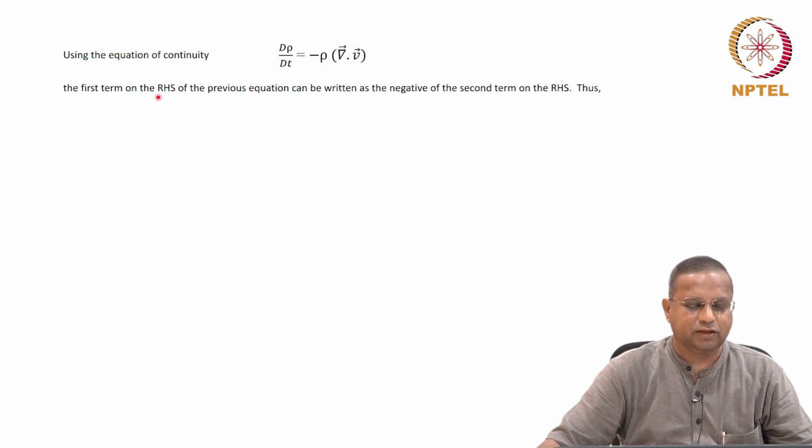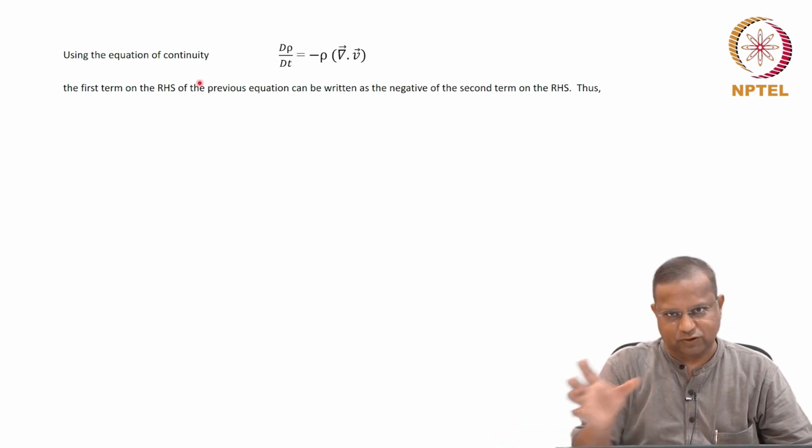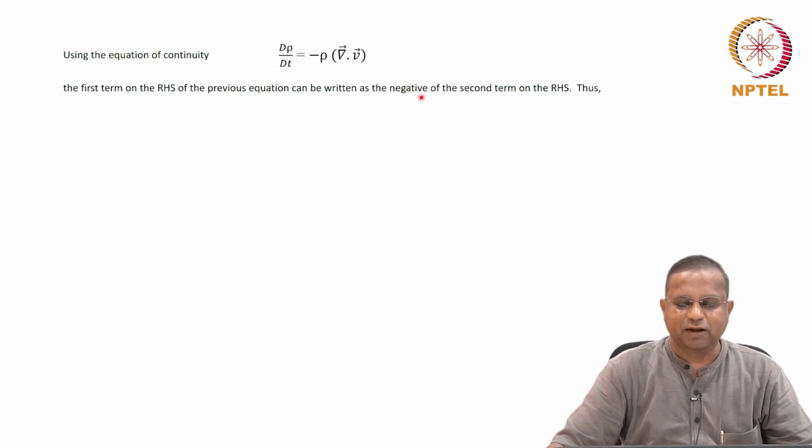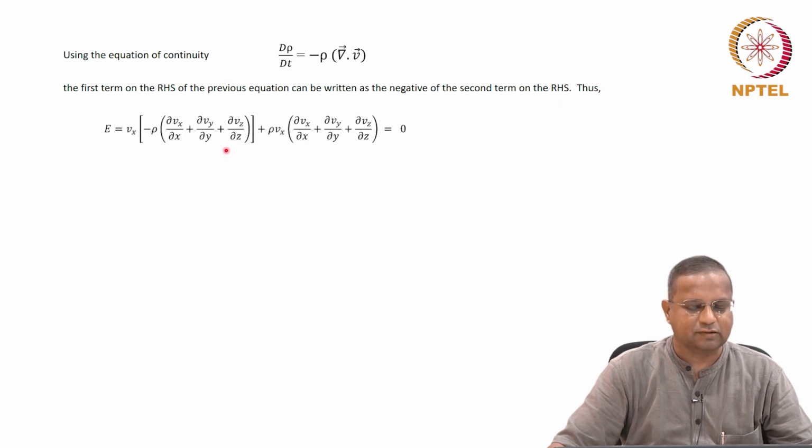We are looking at the left hand side of the equation, which can be written as the negative of the second term on the right hand side. What I mean by that is, you have Vx times minus ∂Vx/∂x plus ∂Vy/∂y plus ∂Vz/∂z. Okay. And this you could see is nothing but del dot v. So this minus del dot v you have here.